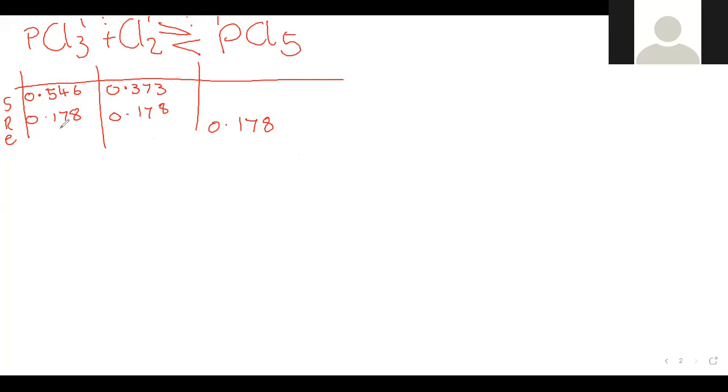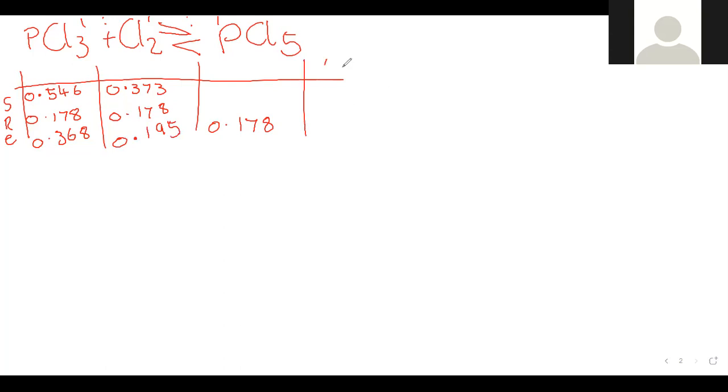So at equilibrium, PCl3, we would have 0.368 moles. Cl2 would do 0.373 minus 0.178, and that would give us 0.195 moles at equilibrium.